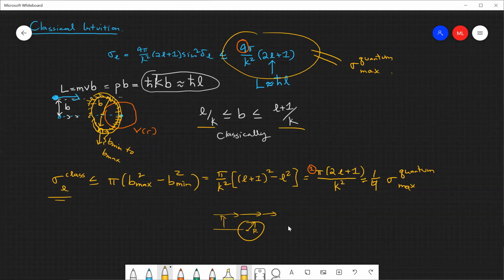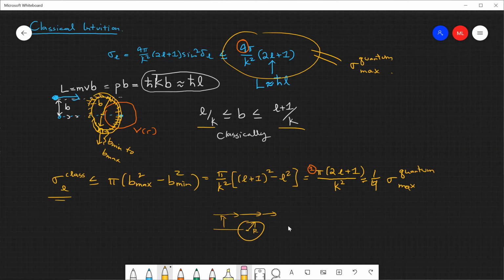You actually have to solve the Schrodinger equation and figure out what the wave function is. And in some sense, the intuition is that you do get quantum mechanical contributions to scattering that come from impact parameters that are larger than the target radius, if you think about it in terms of hard sphere scattering.